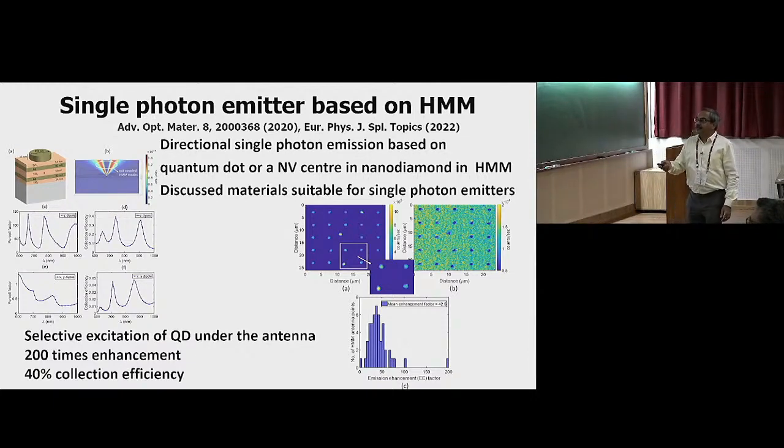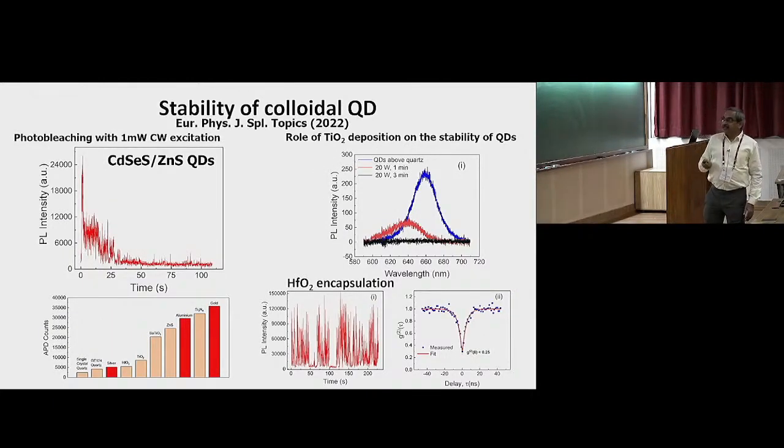One of the challenges, which we saw in the earlier talk where he briefly mentioned it, is bleaching. When you have these quantum dots, or any dipole emitter, even nitrogen vacancies in nanodiamonds, if you put in strong light, even 1 milliwatt CW excitation is strong excitation for these nanoparticles. If you are continuously illuminating, after a few seconds the quantum dot or the nanoparticle just stops emitting anything.